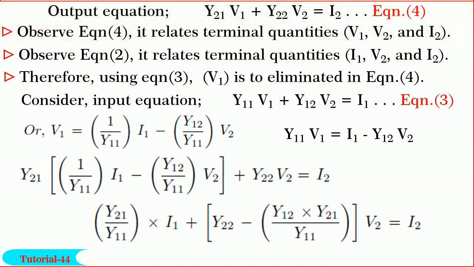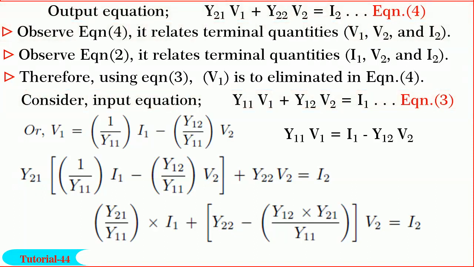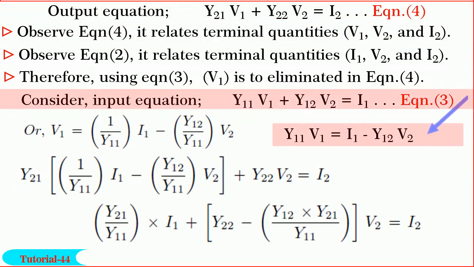You see that the terminal quantity V1 is to be eliminated from equation 4 using equation 3. So, using equation 3 and rearranging it, we get V1 is equal to 1 upon Y11 into I1 minus Y12 divided by Y11 into V2.